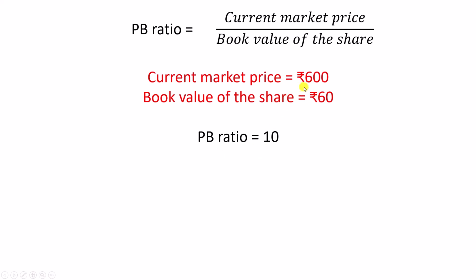This is current market price of the share. Correct? Let us say that this is the current status of the company. The company is working, company is performing, and the current market price of the share of the company is 600 rupees.